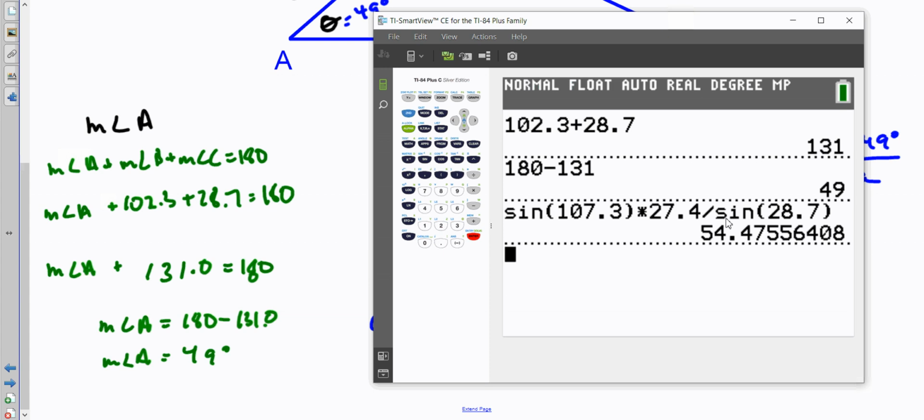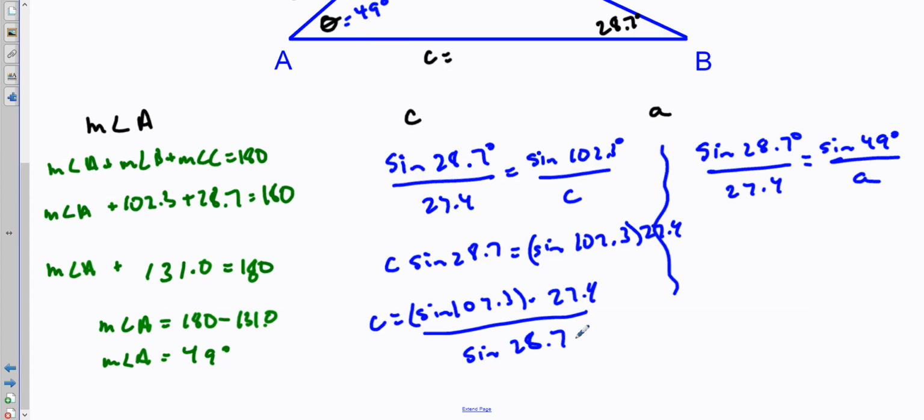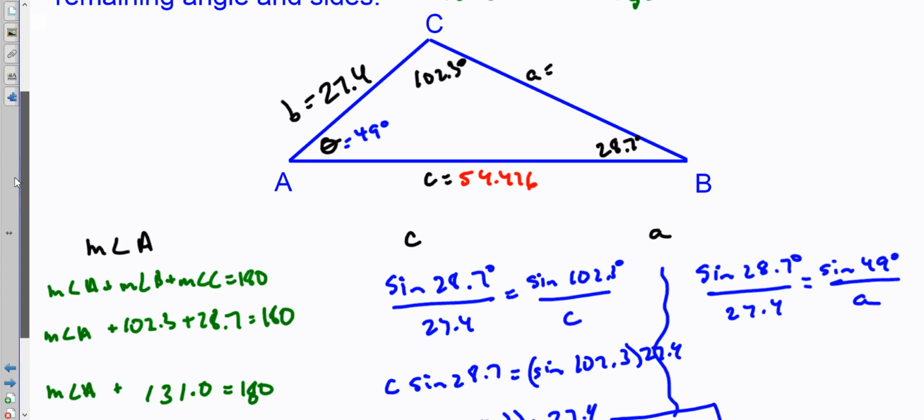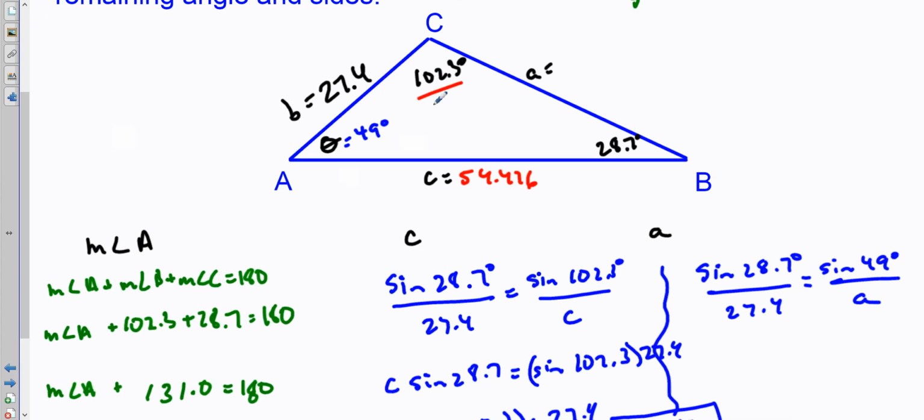We can see our answer is 54.476, and that is not degrees, that is the length of that one side. We can't use the Pythagorean theorem because this is an oblique, actually an obtuse triangle.